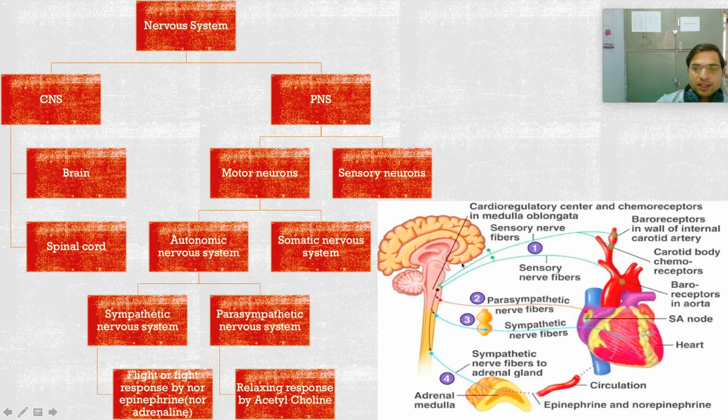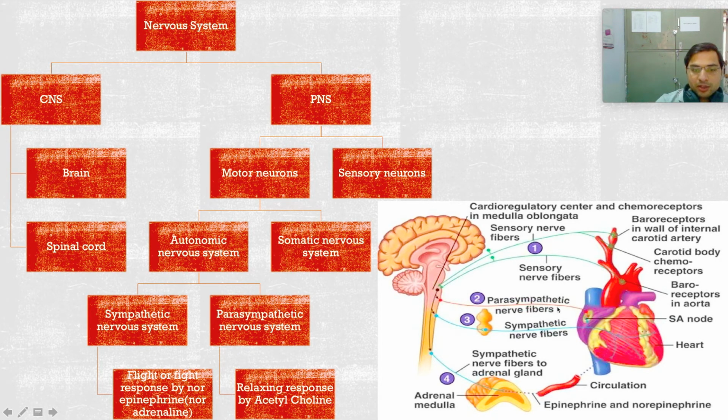They send the signal to the medulla oblongata, and the medulla oblongata has a cardioregulatory center which controls the heart rate via the parasympathetic and the sympathetic nervous system. Basically, it has autonomic nervous system control over the heart.